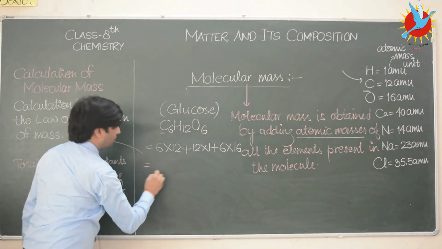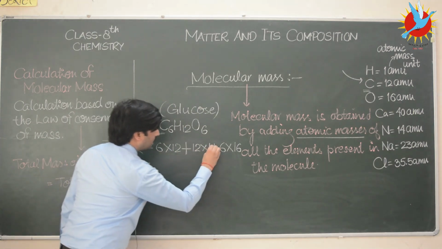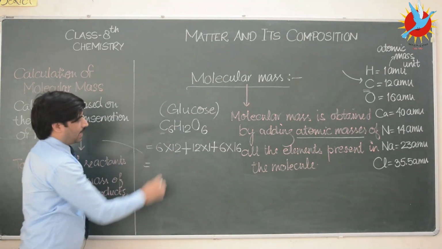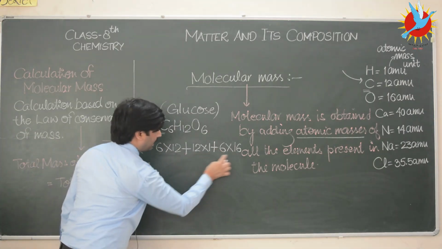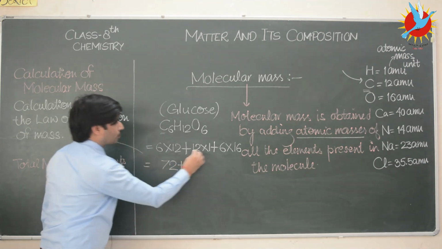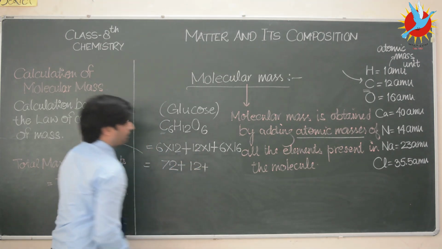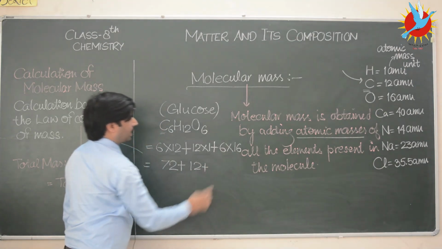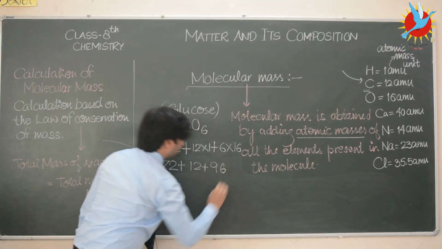Then we add the atomic masses of all the elements: 12 sixes are 72, plus 12 ones are 12, plus 16 sixes are 96.